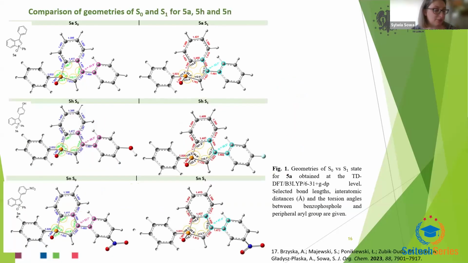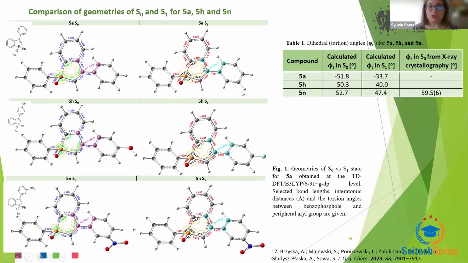So to better understand the differences in the properties of the selected compounds, we studied their geometries in ground state and excited state. Figure 1 shows all the geometries with the structure of the compound. At the beginning, we compared the torsion angles for all the compounds.